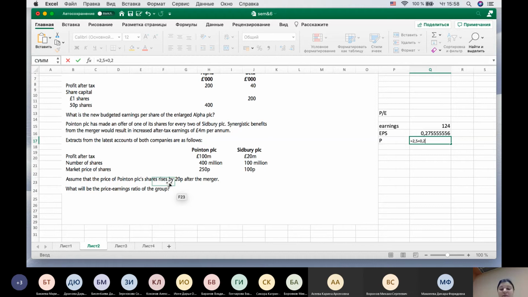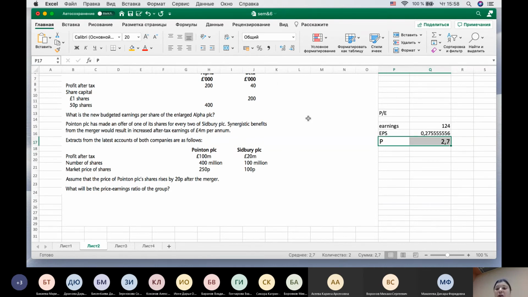So we may find the price after this deal, after the takeover. It'll be 250 pence, the previous Poynton plc value, 2.5 pounds, plus 20 pence. The new price of the share will be 2.7.